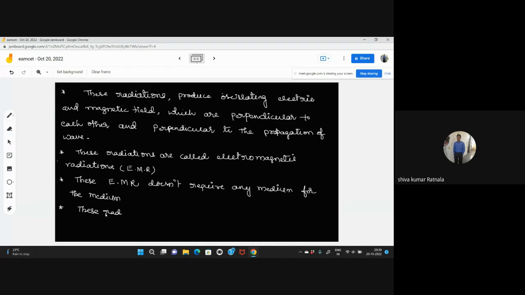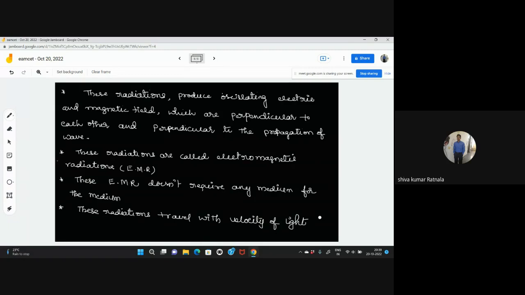These radiations travel with the velocity of light.